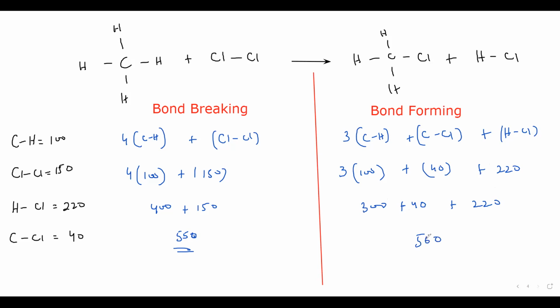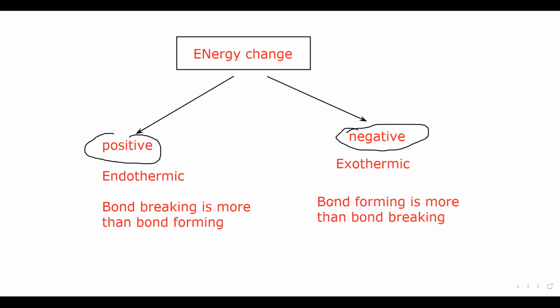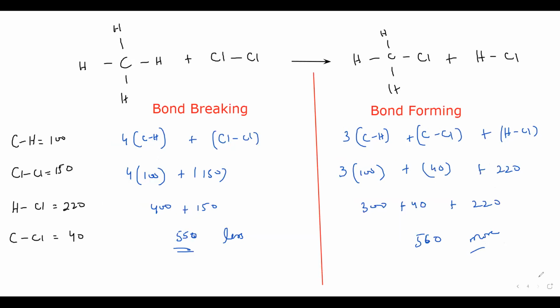The bond breaking energy is less and the bond forming energy is more. As you can see, if the bond forming energy is more than the bond breaking, the reaction will be exothermic.